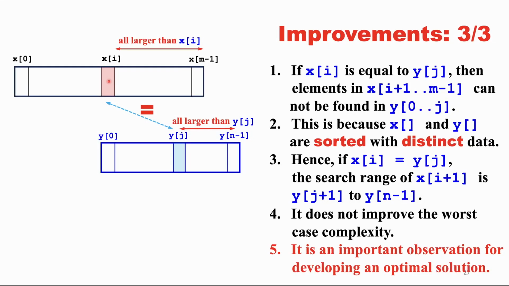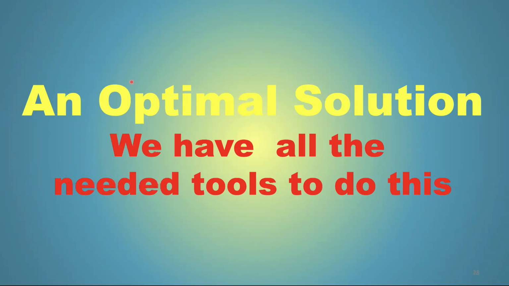So if we have found an equal pair, we could immediately skip xi to xi plus 1. That is, we could skip the i loop, the outer loop. So the last observation we made can help us to develop an optimal solution.